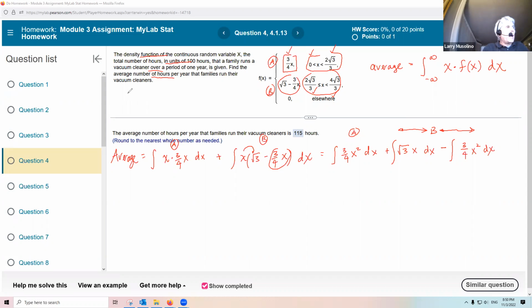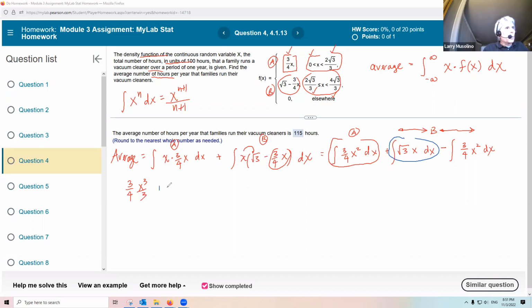Well, remember, there's the power rule. It says when you're taking the integral of x to the n dx, you add 1 to the exponent and divide by that same quantity, n plus 1. All right, let me do this integral right here. So this is going to be 3/4 x to the 3 over 3. Let me do this part right here.